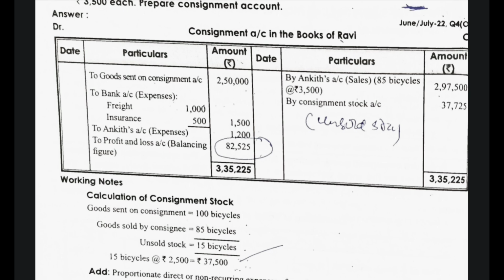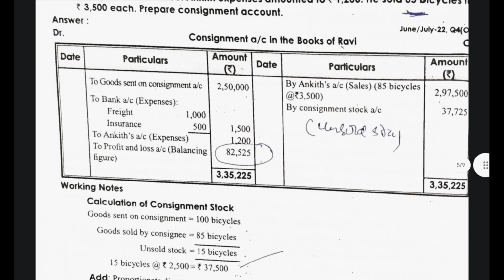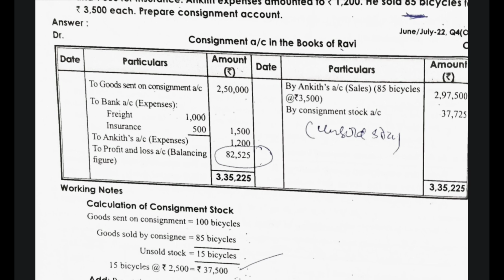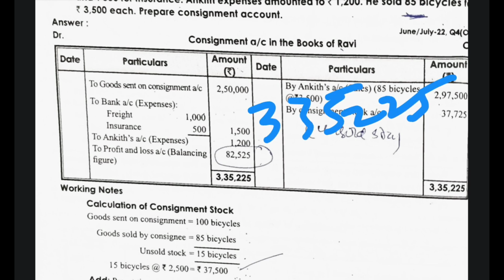Now add these two items, then deduct from these three items. After adding these two items, we are getting 3,35,225. Now add these three items: goods sent on consignment, consigner expenses, consignee expenses.